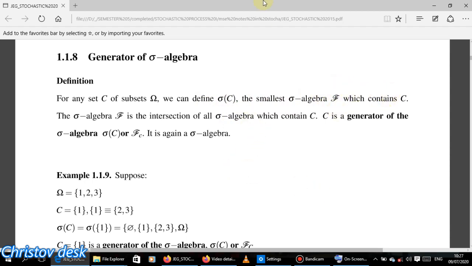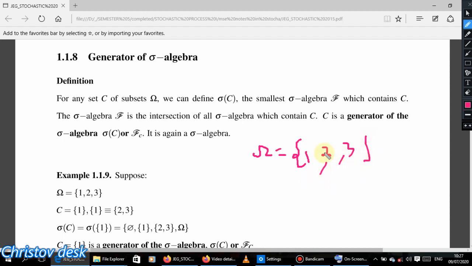So it happens that you have your omega, and omega, as you know, is a certain set. Here 1, 2, 3 are the elements in omega, but there is a certain subset of this omega, and we are calling that subset C. So we can see that C is {2, 3}.